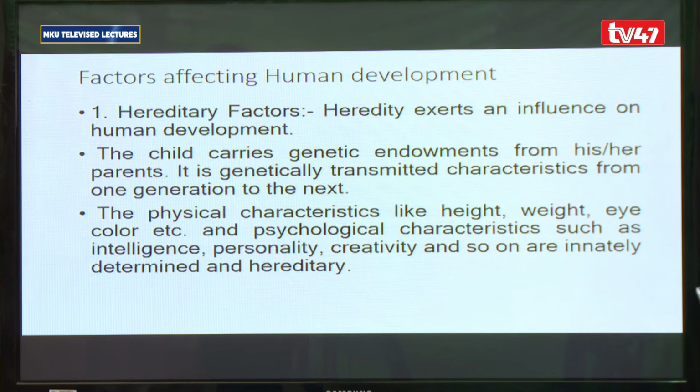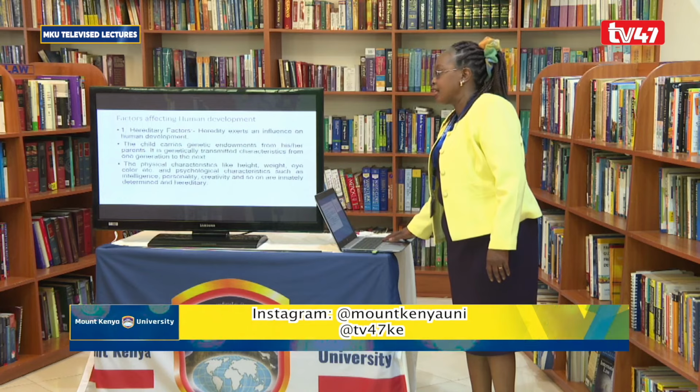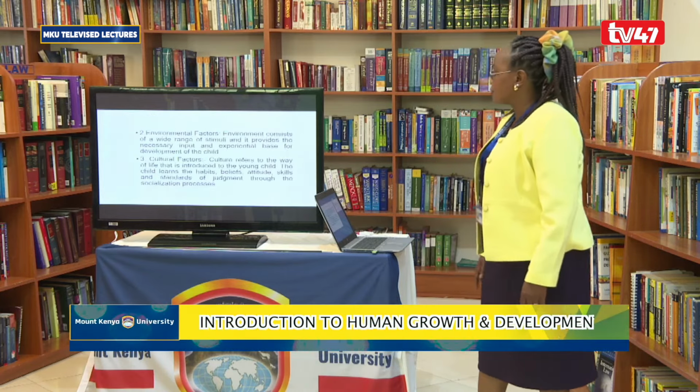These are things like physical characteristics, height, weight, eye color, and psychological characteristics, for example, intelligence, personality, creativity. All these, sometimes, if not most of the times, are carried by the genes that we receive from our parents.